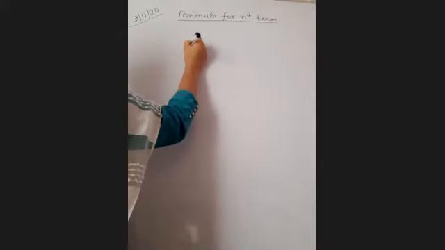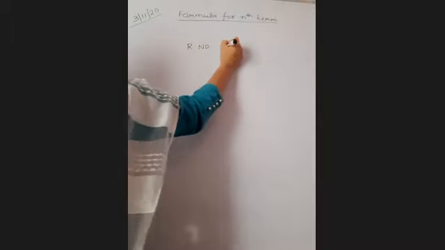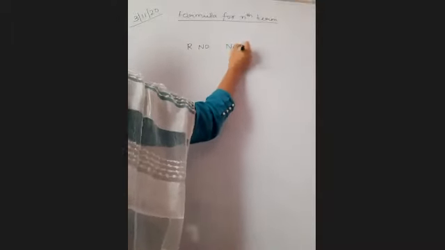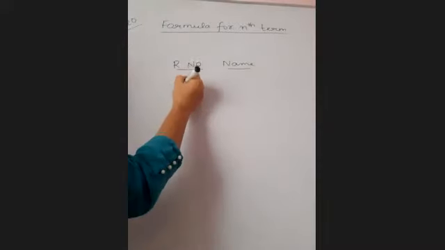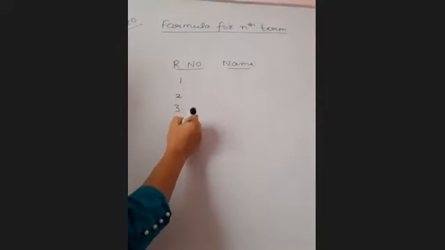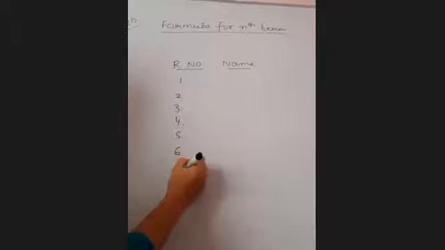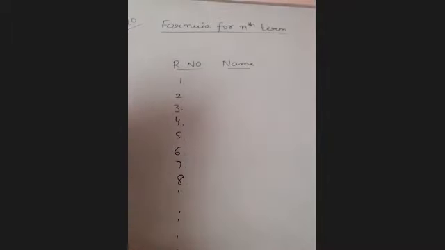Suppose you have your roll number and your name written in the list. This is the best example I always give to children because they can relate to it. 1, 2, 3, 4, 5, 6, 7, 8, whatever. The list can go on.